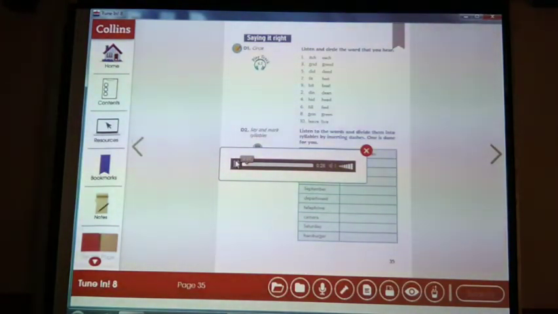Listen and circle the word that you hear. Itch, G, greed, hit, did, feel, fix, grin, bit, leave.